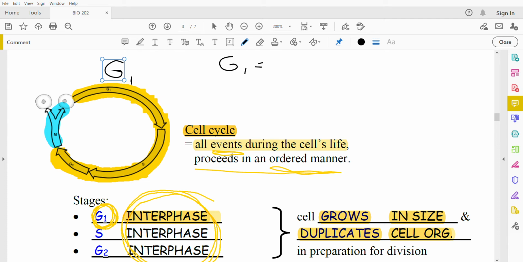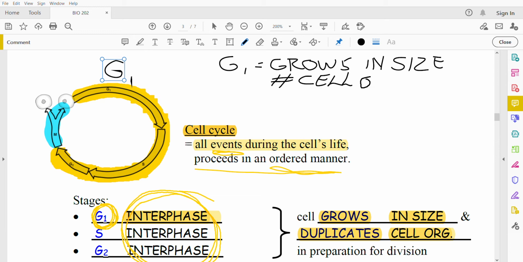During this time, the cell grows, and it grows both in size but also the number of cell organelles gets doubled.